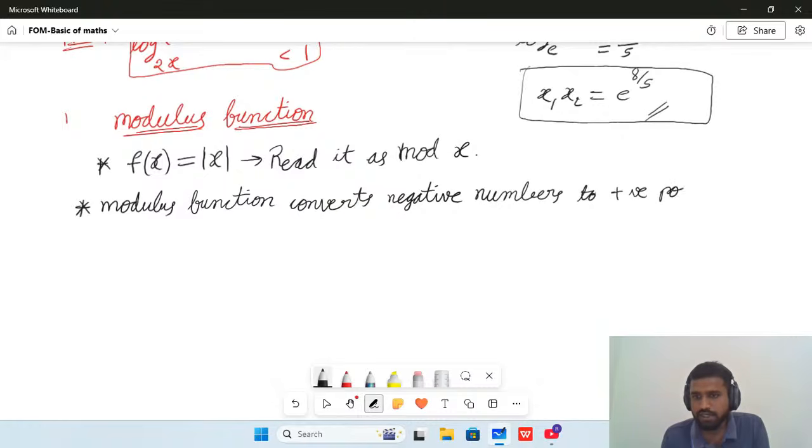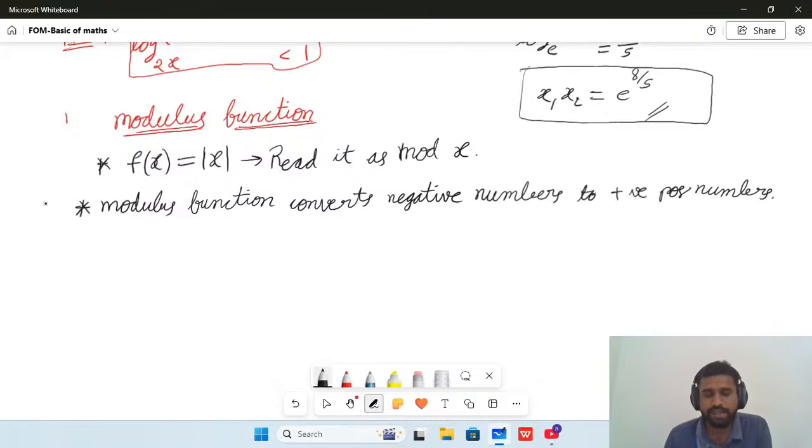And internally, what does this modulus function do? Negative numbers to positive numbers. Internally, what is it doing?